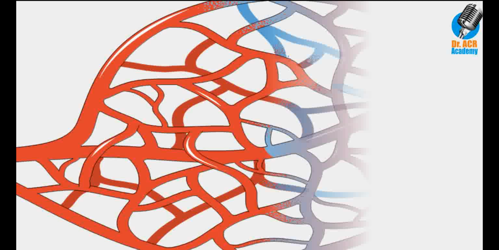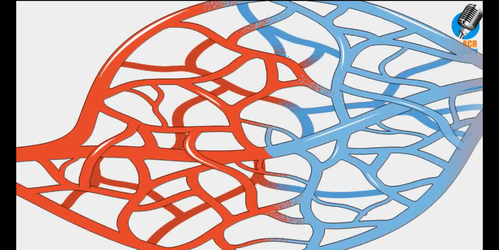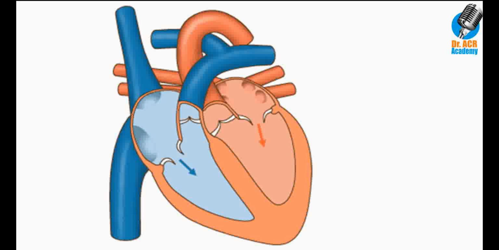In short, capillaries are the smallest blood vessels that form the connection between the arteries and veins. And these are the smallest blood vessels used to exchange substances between blood and tissues.